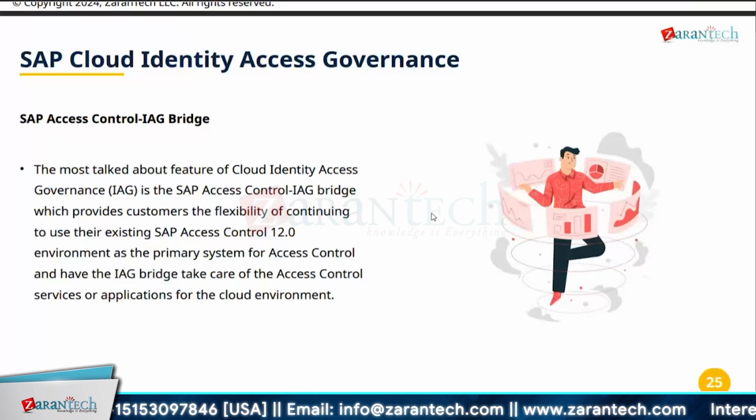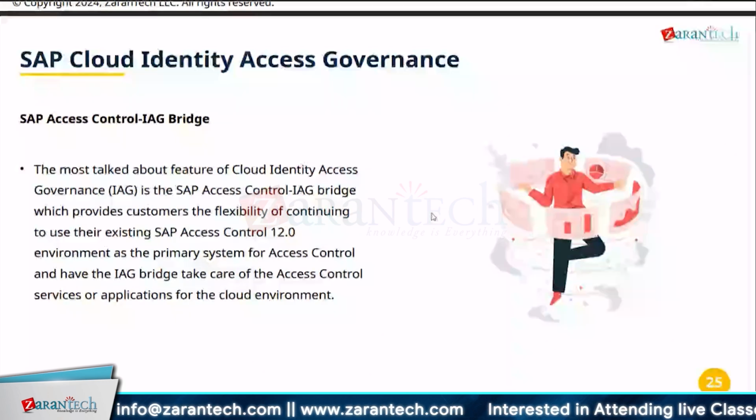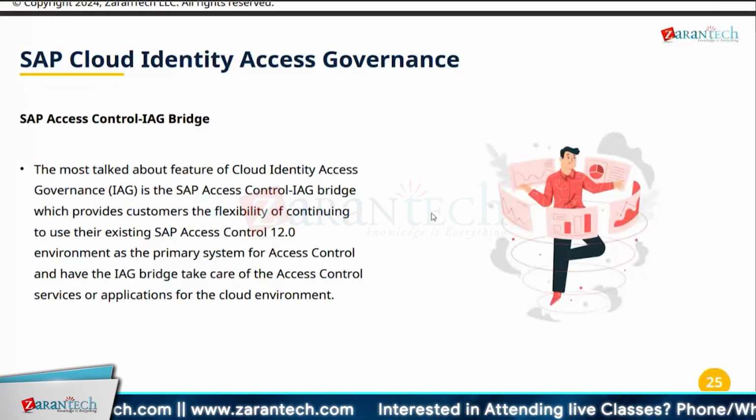So your IAG then will do a risk analysis check based on whatever rule sets you have configured in IAG. So it will do that check, and if it is all working fine, it will provision it to the respective cloud application. Then it will again send a message back to your GRC that, hey, I have provisioned this to this certain cloud application, or if not provisioned, it will tell that message also. And then depending on that, GRC will finally complete that request.